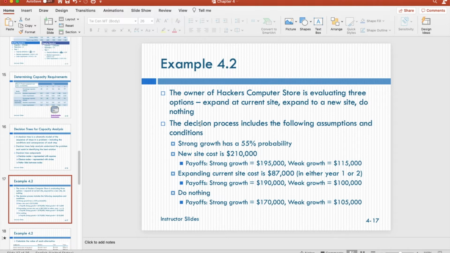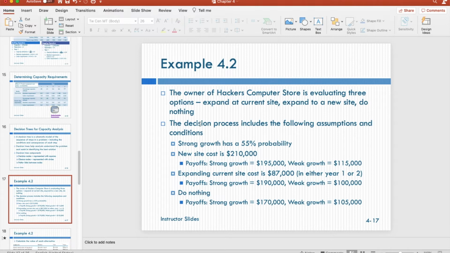Because even if we know that if we expand right now, we will generate some new revenue, we also know that it will incur a lot of cost. We may still prefer to do nothing. Even if we have some extra money, we may prefer to not expand anything right now, neither expanding at the current site nor expanding to a new site.